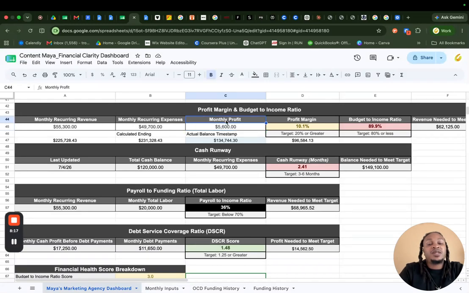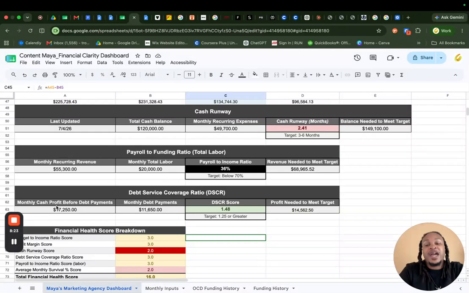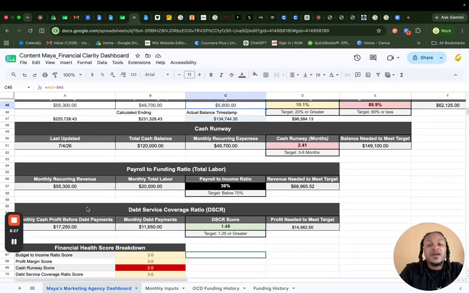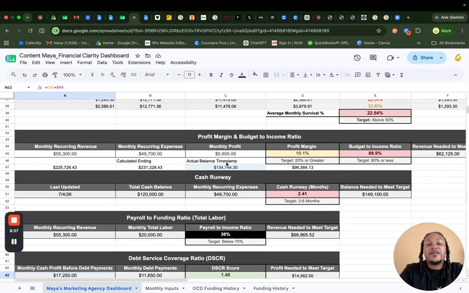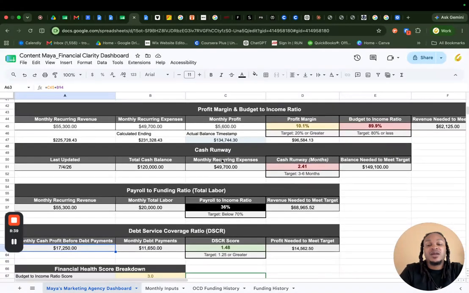That's why I want to identify the key difference between our monthly profit of 5,600 and our monthly cash profit before debt payments. That means that this profit amount here does not accommodate for the debt payments that we're paying of 11,650. So if you add 5,600 to 11,650, you're going to get 17,250.